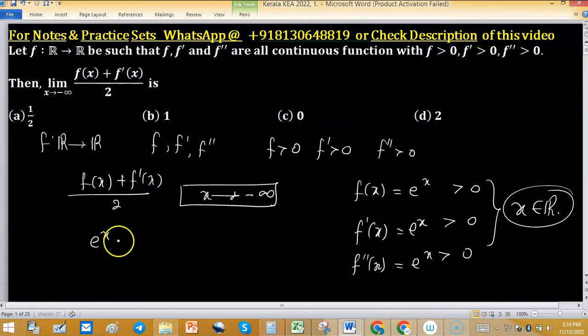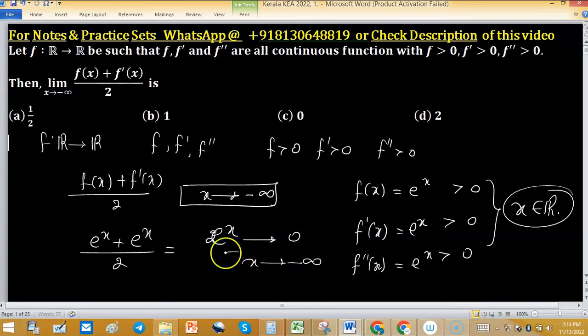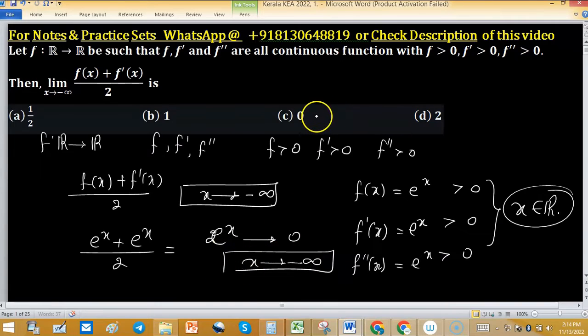Then (e raised to the power x plus e raised to the power x) divided by 2 is equal to e raised to the power x, and e raised to the power x goes to 0 when x is tending to minus infinity. So option C will be the correct key.